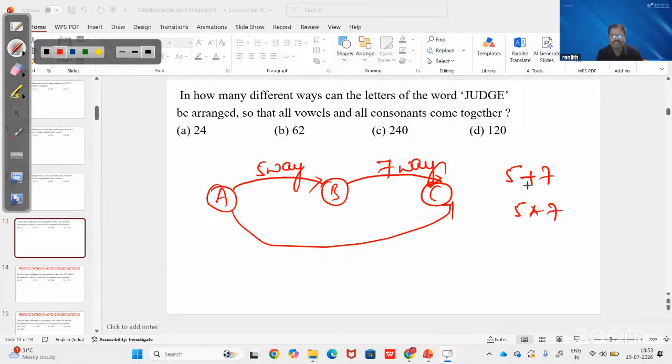If I place plus, it is nothing but the OR rule, so the person is not completing the task.